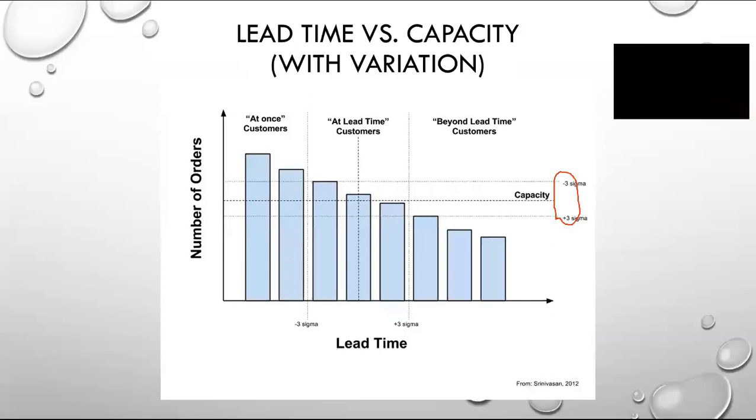One of the first things I do is look at how much variation there is in my processes, how much variation there is in me getting product from my facility to the customer, because this variation is going to determine how much inventory I need to hold in my factory to maintain that additional quote unquote service level. Okay, does that make sense?